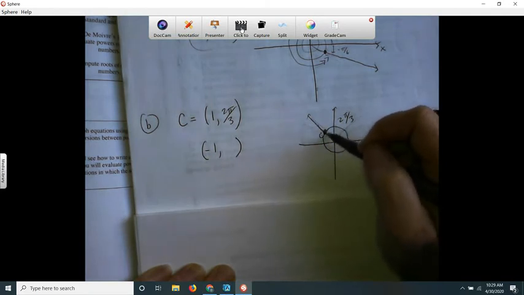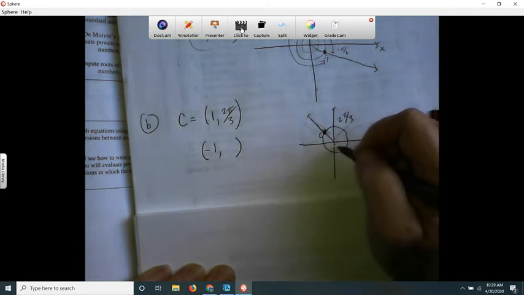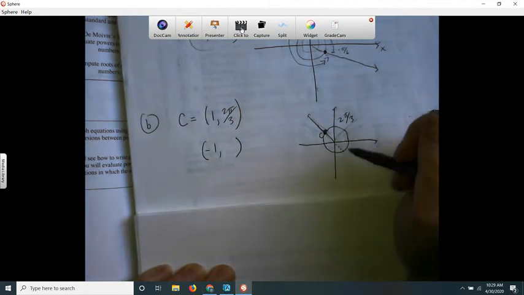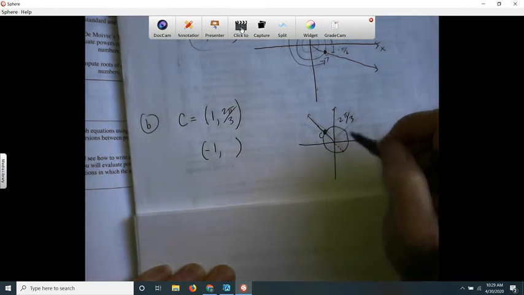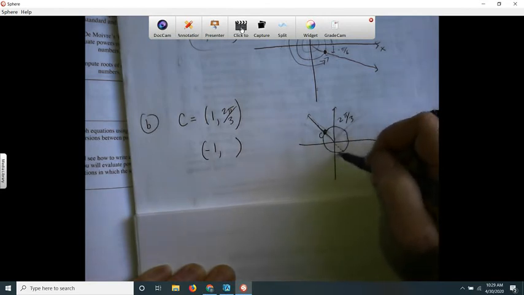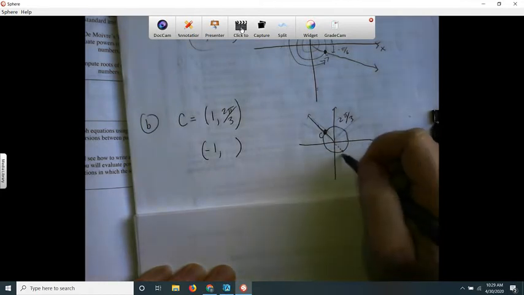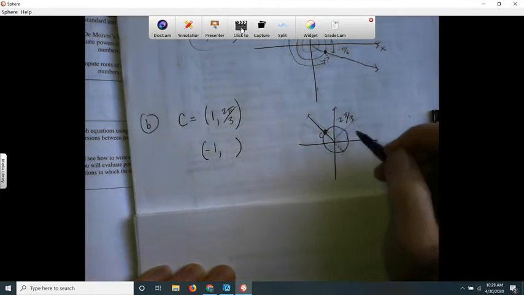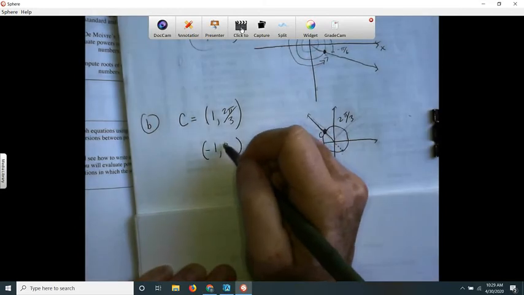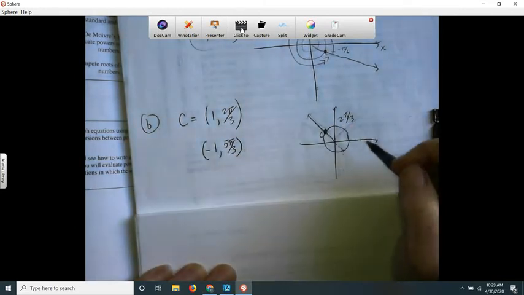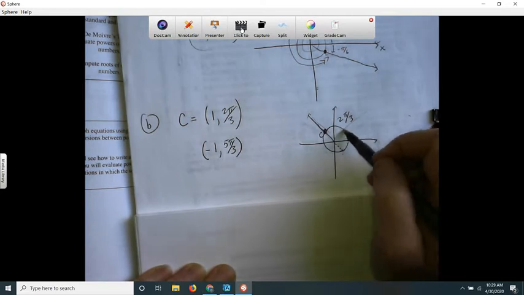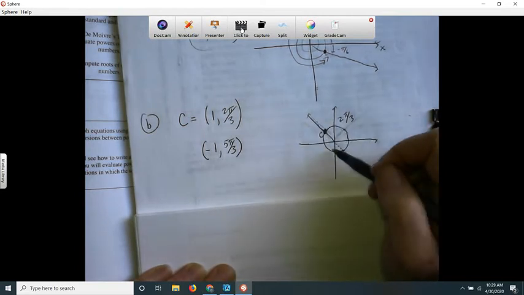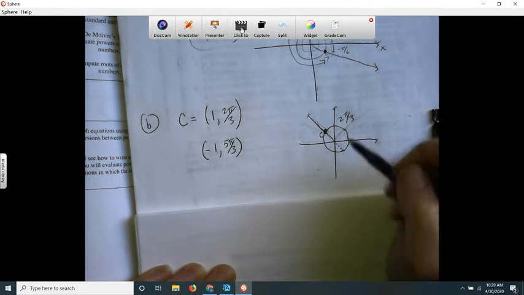If I take this 1 and bring it across over here, and then name this angle here, this could be 5 pi over 3, because that's 1 pi over 3, 2 pi over 3, 3 pi over 3, 4 pi over 3, here's 5 pi over 3.